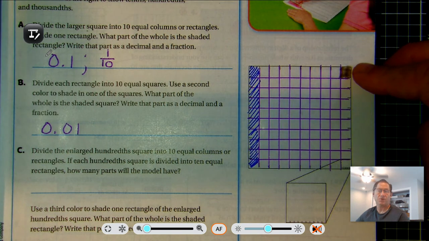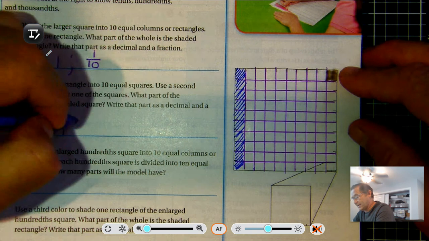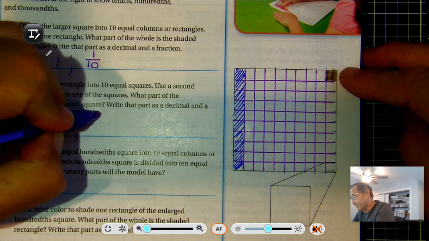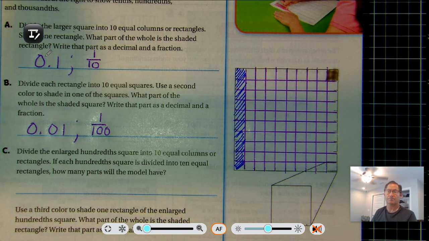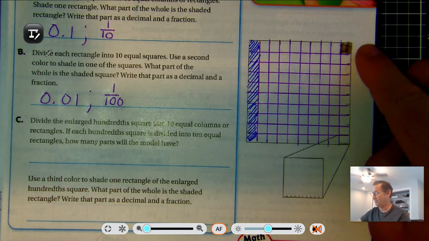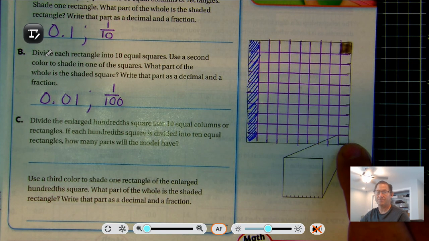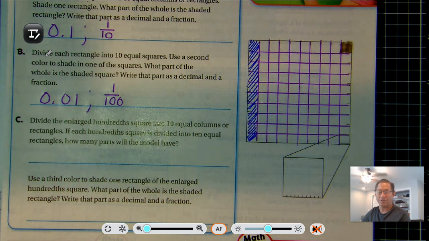Okay, and hundredths are smaller than tenths. And so how do we write 1/100th as a fraction? Just 1 over 100. Okay, now we're going to take the enlarged hundredth square. So this is a hundredths, right? Each of these little squares is worth 1/100th.